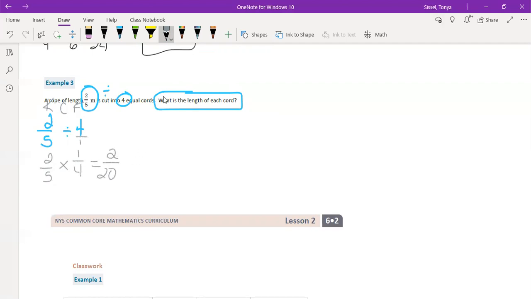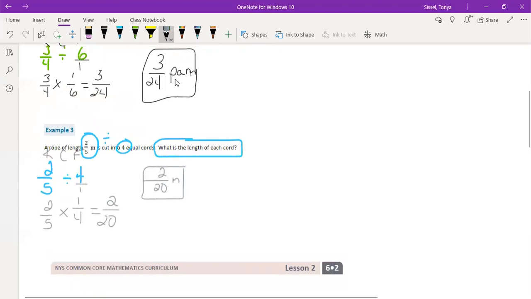So each piece is 2/20 of a meter. Now I know that on the last one, some of you may have said, hey, I could reduce that. Yes, you can. And that's awesome that you noticed that you could do that.